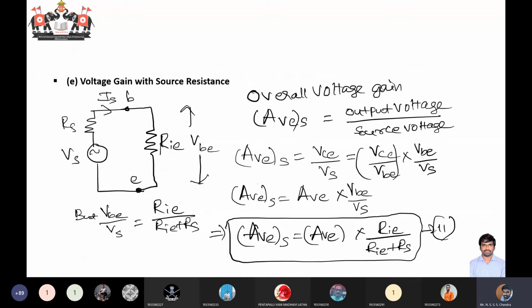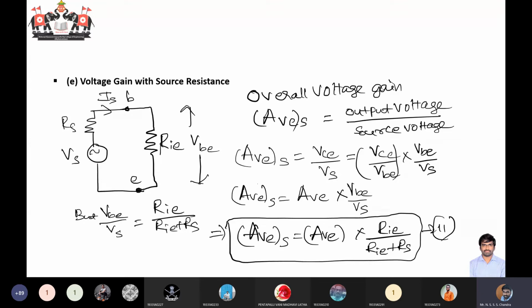Next, till now we have taken that we are giving an input AC signal from an ideal source. But in case you are considering that your input signal source has a source resistance RS, because in the practical world none of the sources are ideal, they have some internal resistance.